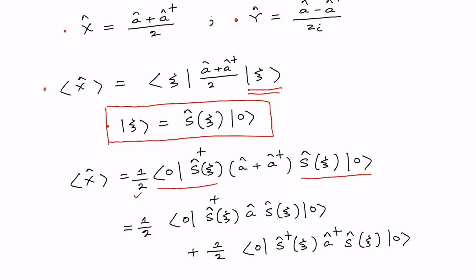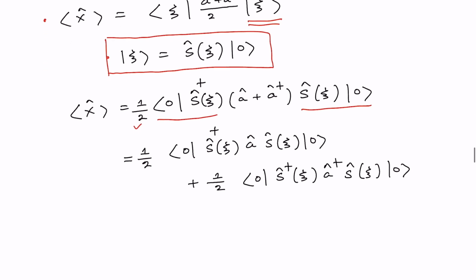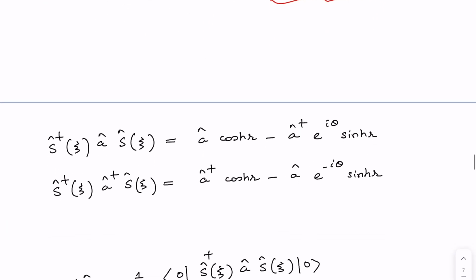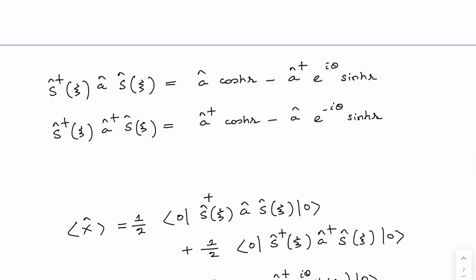I am taking half out, and that is going to give me something similar to the problem that we have just solved. In the last problem, you are going to get these two expressions here in terms of a and a dagger, and we already know the properties of the squeezing operator, so we can invoke these two properties in terms of a and a dagger.